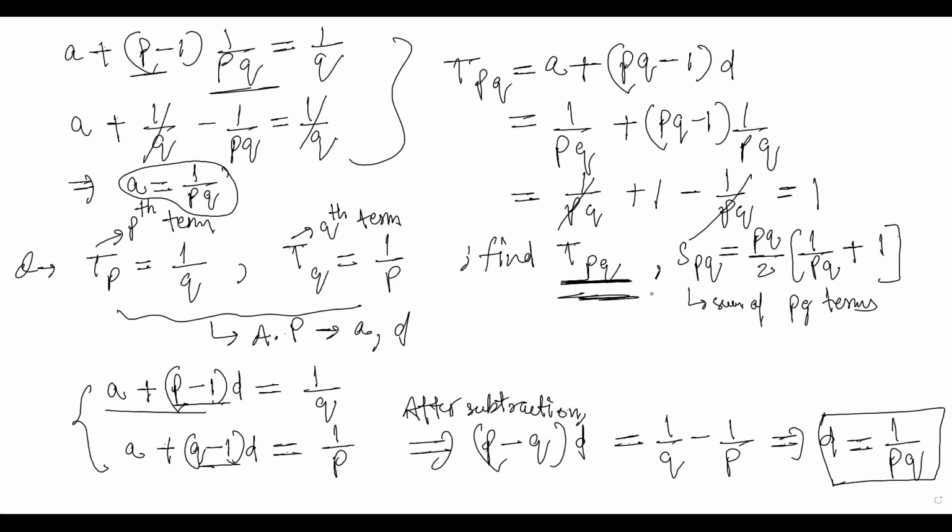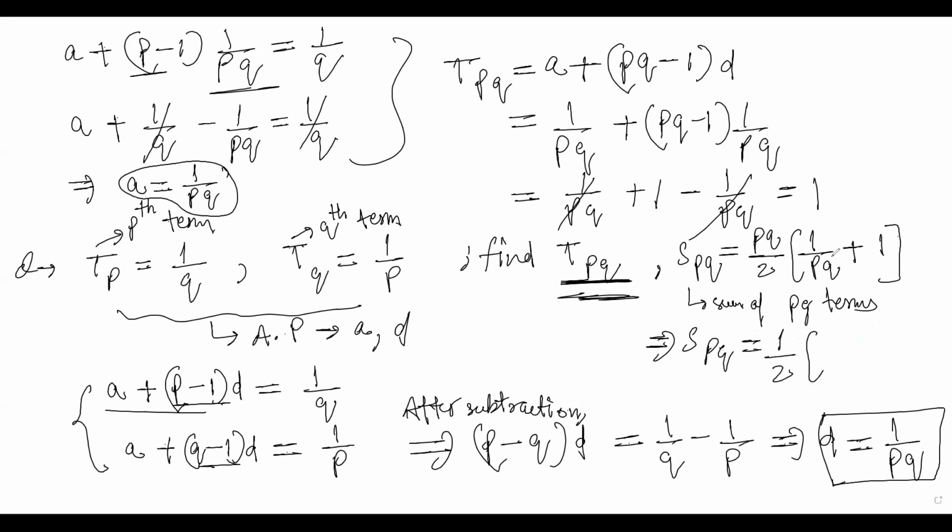Now if you solve this, SPQ is equal to, multiply it inside, so it will be 1 by 2 into (1 plus PQ). In fact, I would say just simply multiply PQ inside and take 1 by 2 outside.